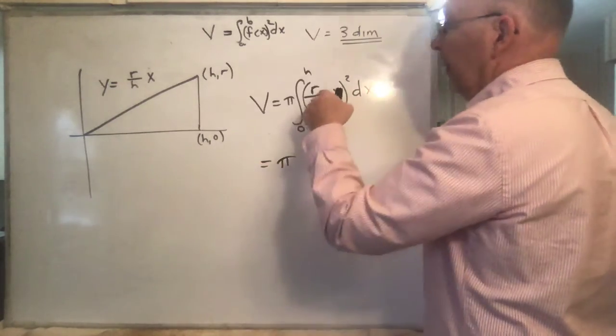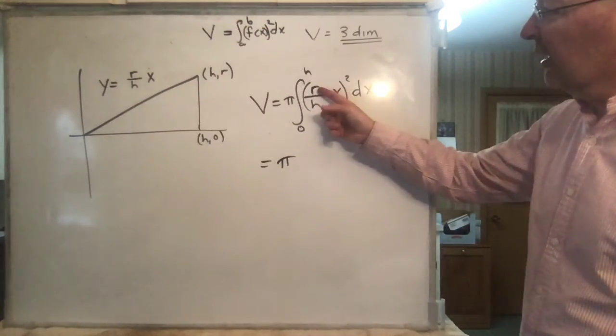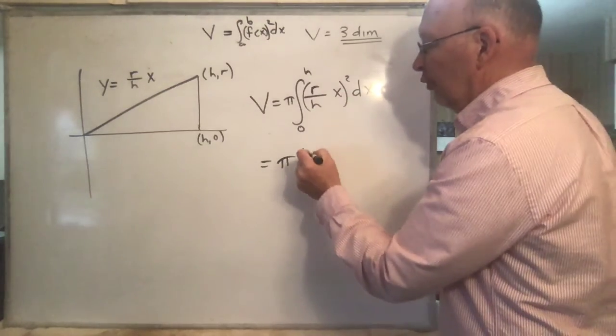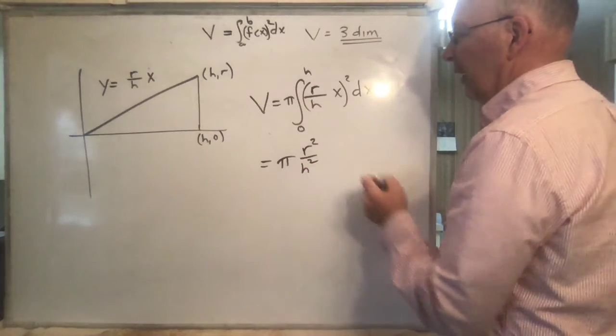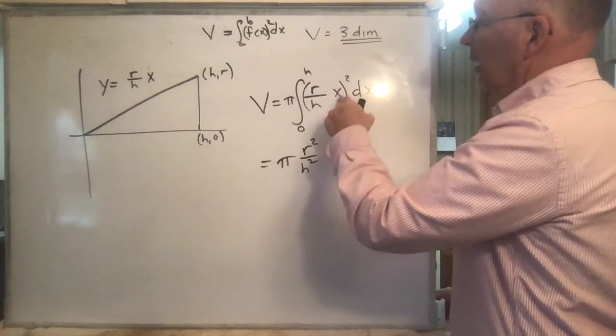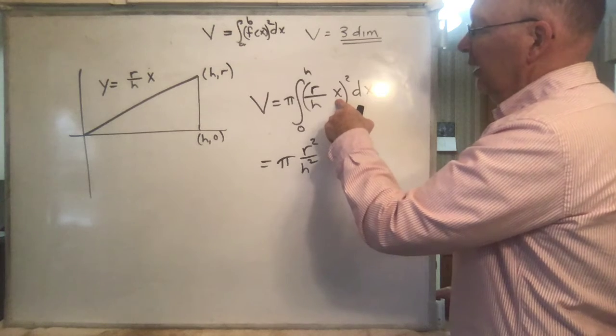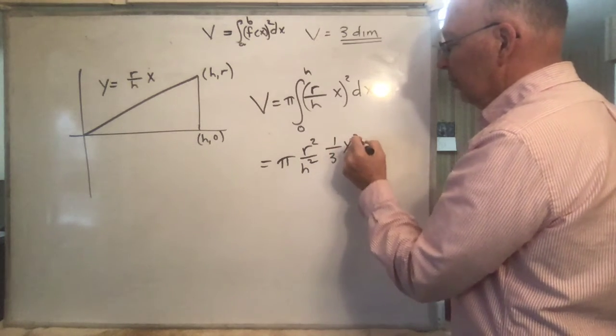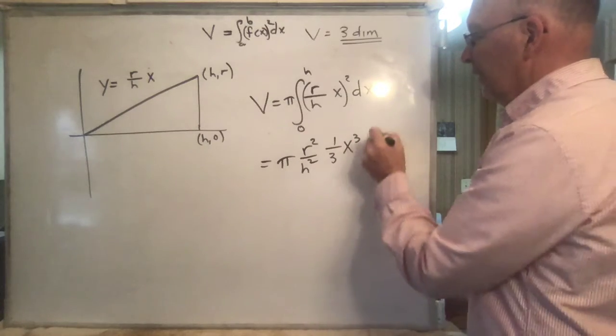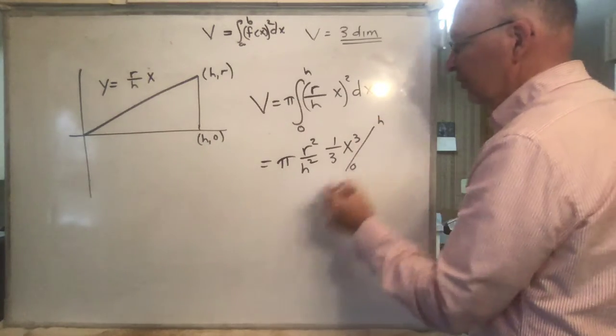There's your pi. You multiply this out, you're going to get an r squared and an h squared. Those are both constants, so I can bring those out front. And let's do a couple steps in one. I'm going to be left with an x squared there. The antiderivative of x squared is 1/3 x cubed. There's the antiderivative, and I evaluate that from 0 to h.